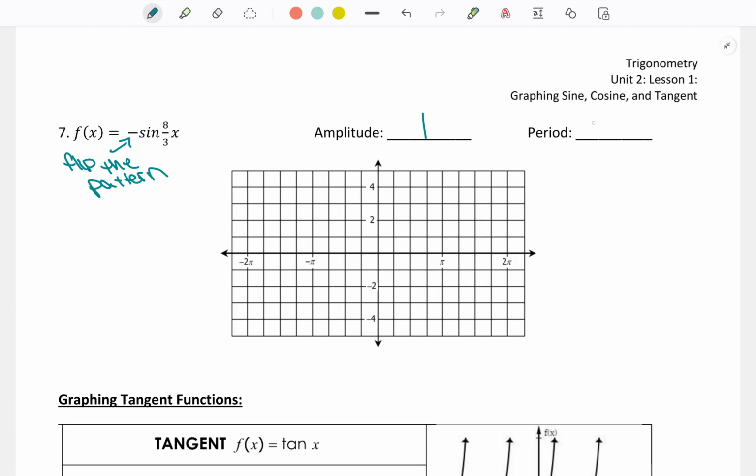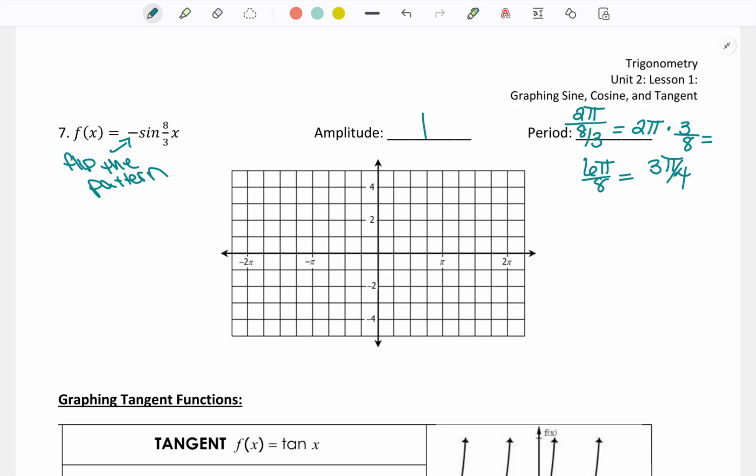And then for our period, we have 2 pi, but it is divided by 8 over 3. So we have 2 pi times 3 over 8, which is 6 pi over 8, which reduces to 3 pi over 4. So this is actually 3 blocks wide.